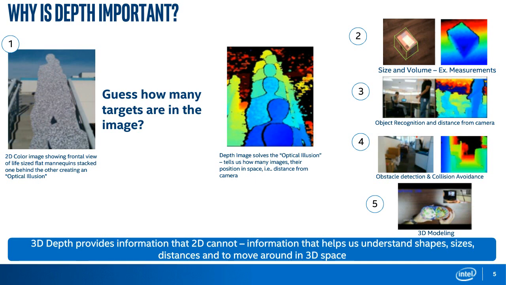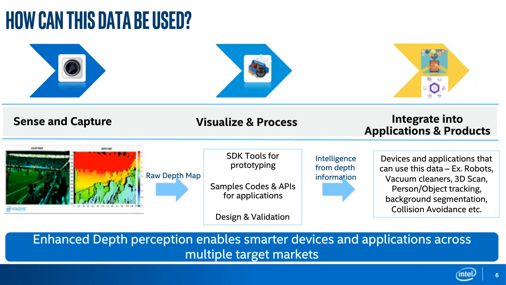So how do we do this? Well, the first thing that we do is we have to capture what we call the RGBD data, the color camera data plus the depth data. We pass all this to our tools. So we have a vision processor that's aboard our device.